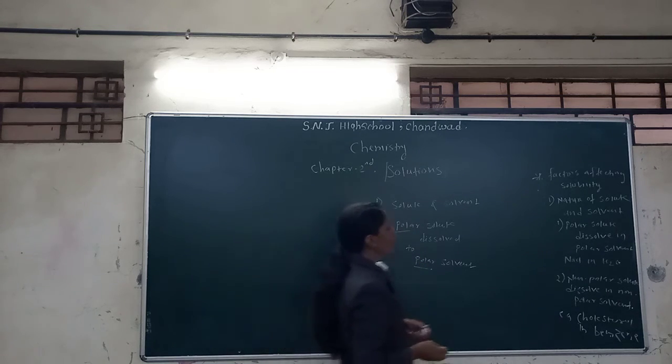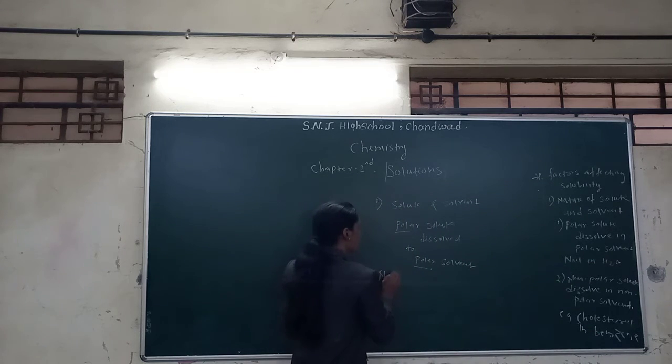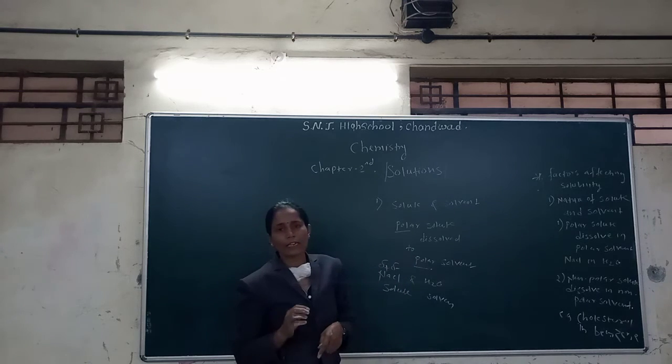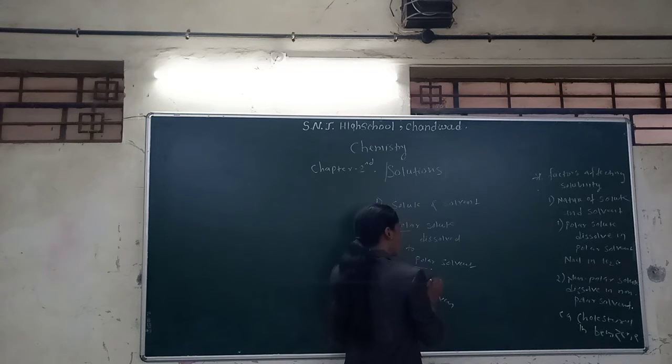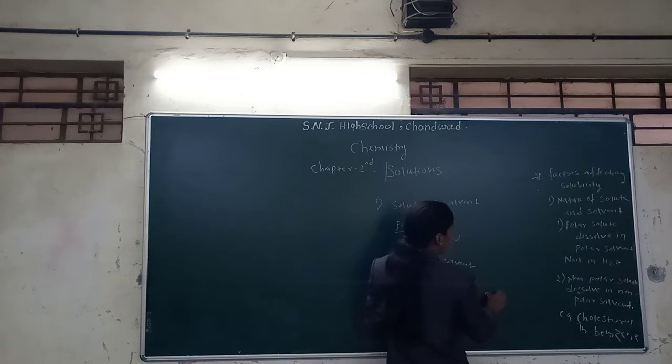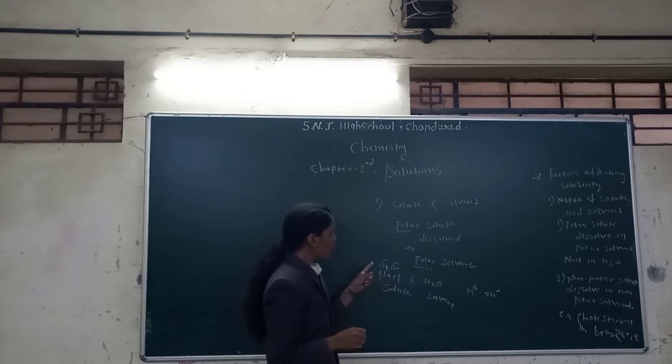For example, NaCl in H2O. When NaCl is dissolved in water, NaCl is the solute and H2O is the solvent. Both are polar. Polar means delta positive and delta negative ions, that is Na plus and Cl minus, and in H2O, H plus and OH minus. Therefore, the polar solvent has a greater tendency to dissolve a polar solute like NaCl.